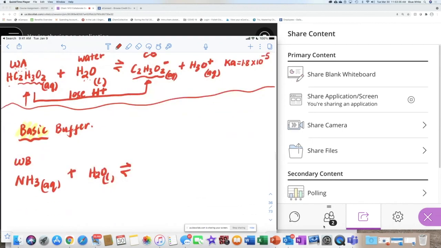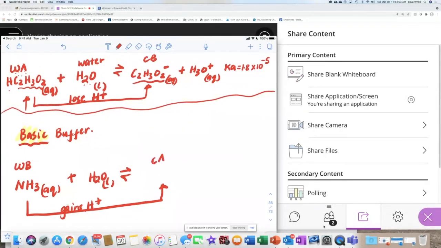But since this is a base, it has to gain H plus. The base does the opposite of the acid. So you see how in this new chapter, we are still relearning and going over what we learned in the previous chapter. So the Bronsted-Lowry base gains H plus to become the conjugate acid.